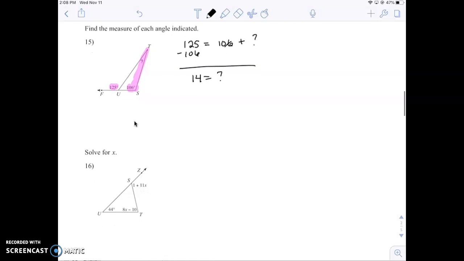Go ahead and pause the video, check your work for number 16. Number 16 works the same way as 15. If you didn't set up an equation, you did something wrong, so pause the video and check it out real quick. The exterior is the sum of the interiors.